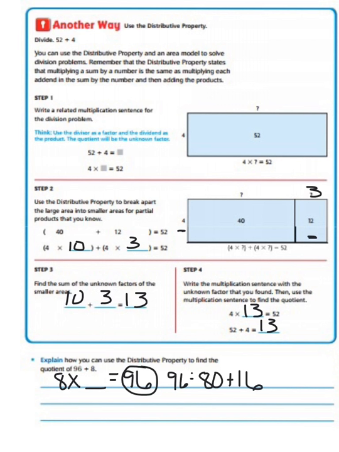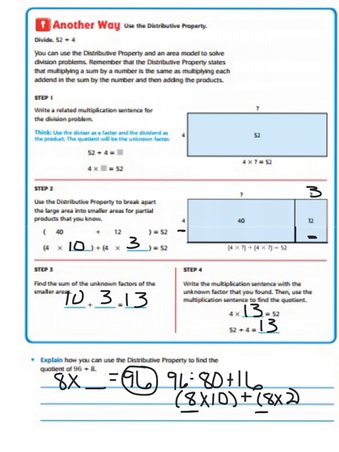Right? So now we're going to break apart the 80 and the 16. We know that if we break apart 80 and 16 using our distributive property, remember that is where we have two sets of parentheses and addition in between. We know that two factors that equal 80 is 8 times 10. And using our 8, because we have to distribute it to both, we know that 8 times 2 equals 16.